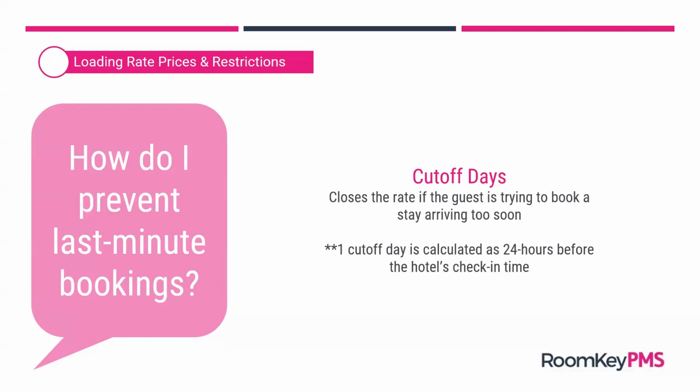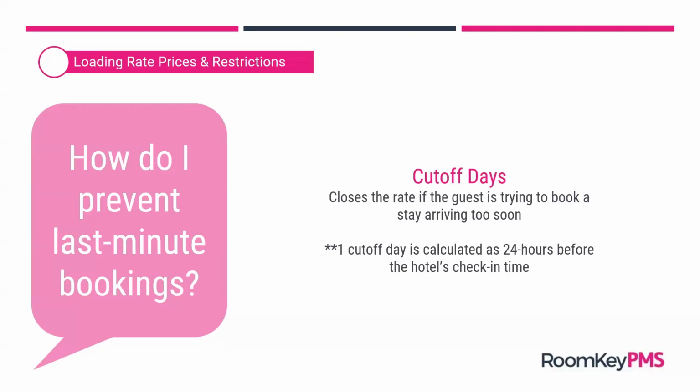One cutoff day is calculated as 24 hours before the check-in time for the hotel. So, for example, if your check-in time is 1 o'clock in the afternoon, and it is currently 5 p.m. and I'm looking to book for tomorrow, I will not see any rates.